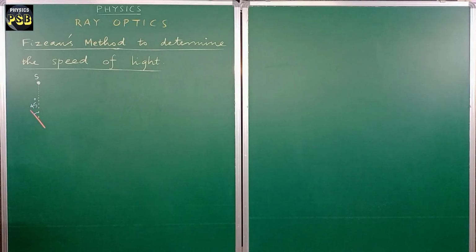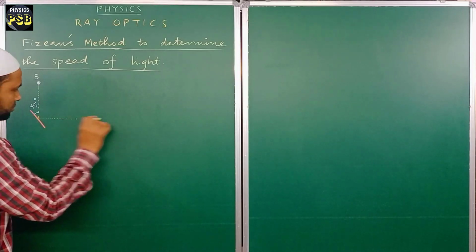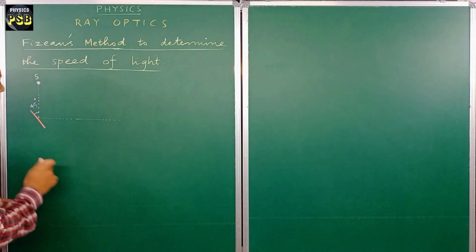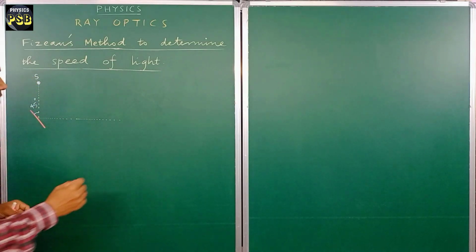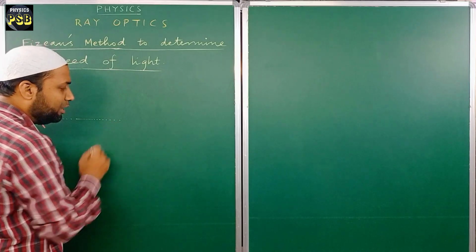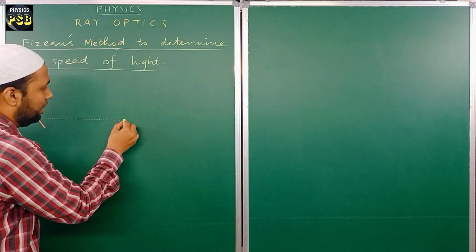Now after reflection, the ray of light travels perpendicular to the incident ray and is made to pass through a wheel.